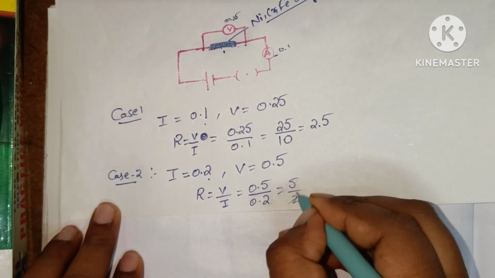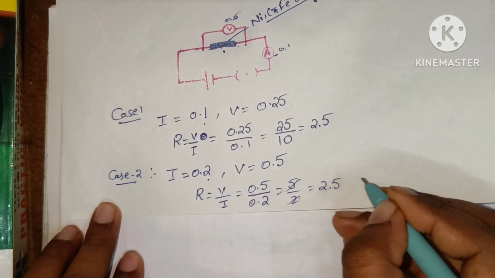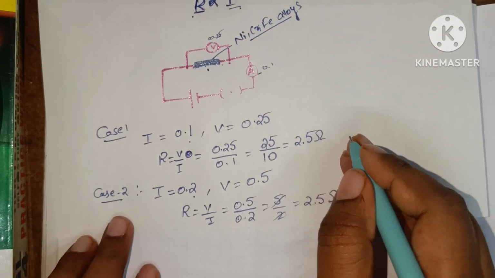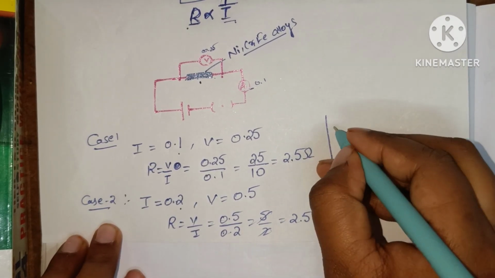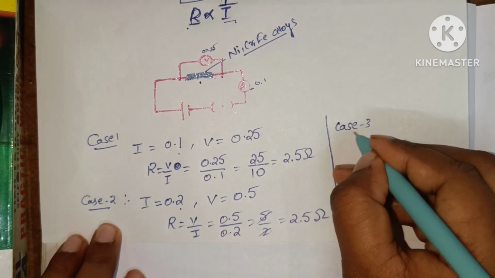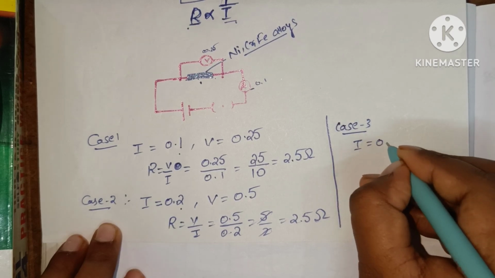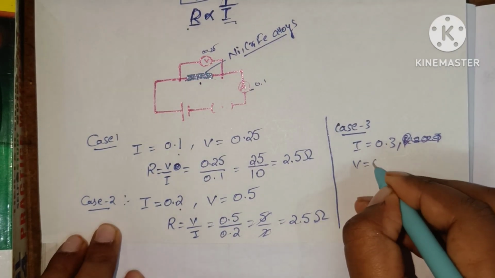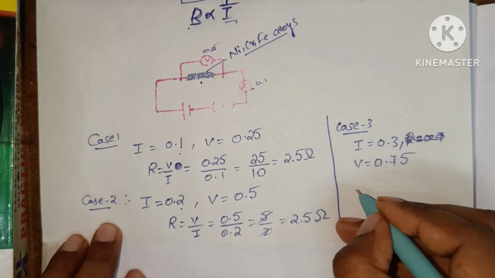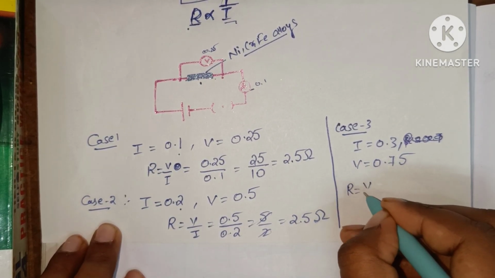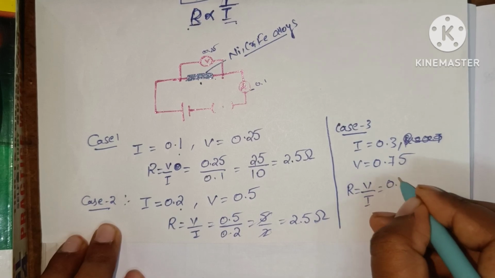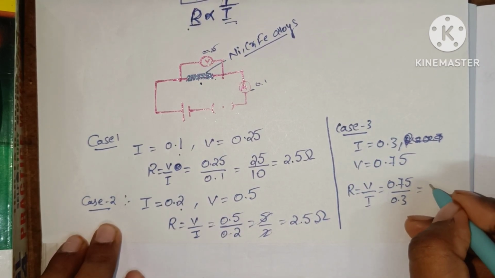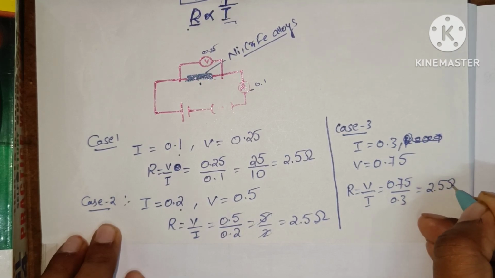How much will you get? 5 by 2, which is 2.5 ohms. Next, in case 3, the current changes to 0.3 and voltage is 0.75. Again R equal to V by I, that means 0.75 by 0.3. If you cancel this, again you will get 2.5 ohms.